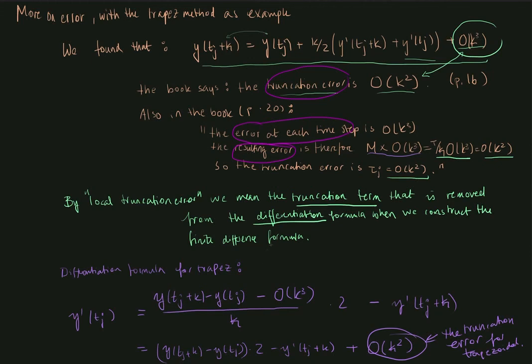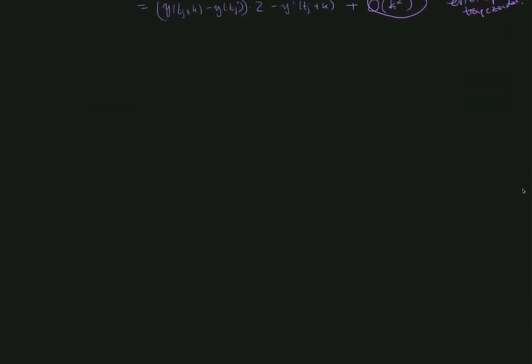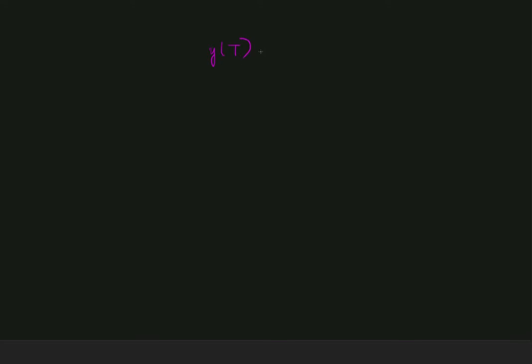And that is also why when you do your reports and when you plot something that has something to do with error, just make sure that you always explain properly. Is it the truncation error? Is it the error at each time point? Is it the error that is given by the difference between the exact solution at the endpoint of the interval and the approximate solution at the endpoint of the interval?